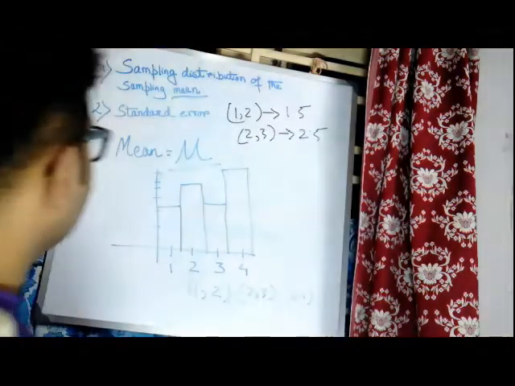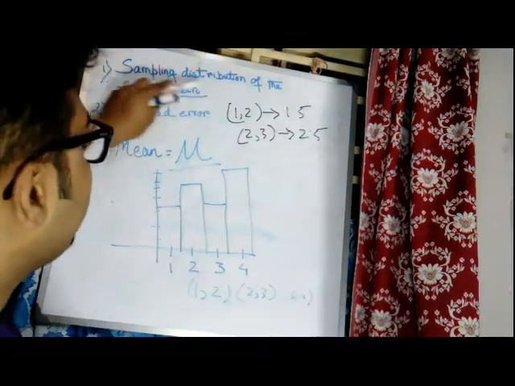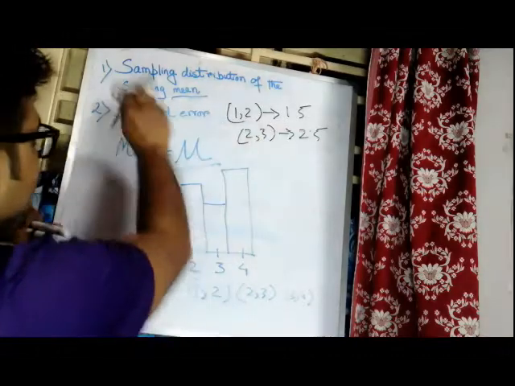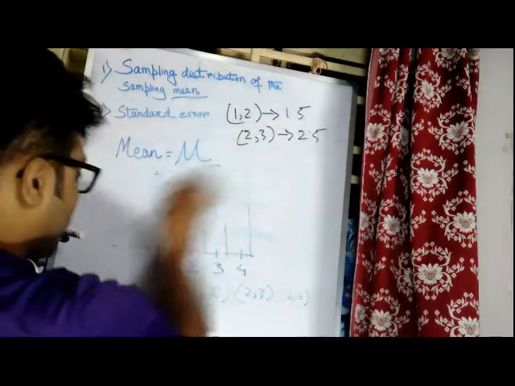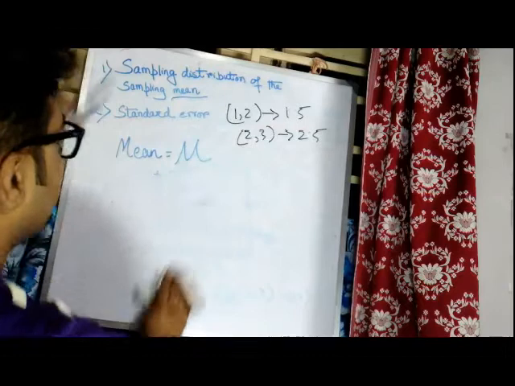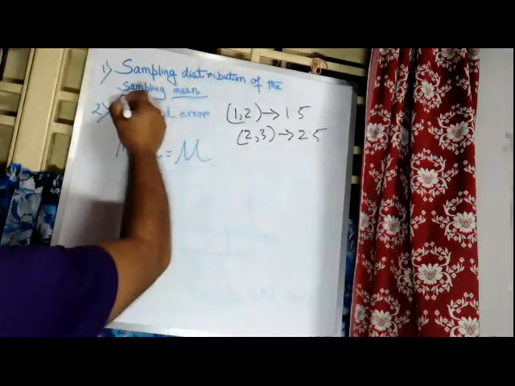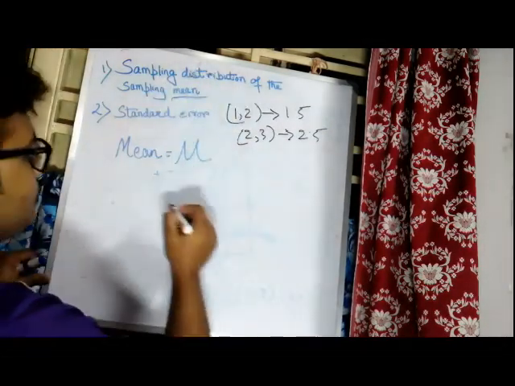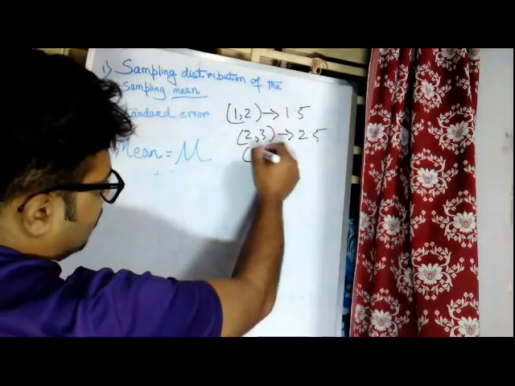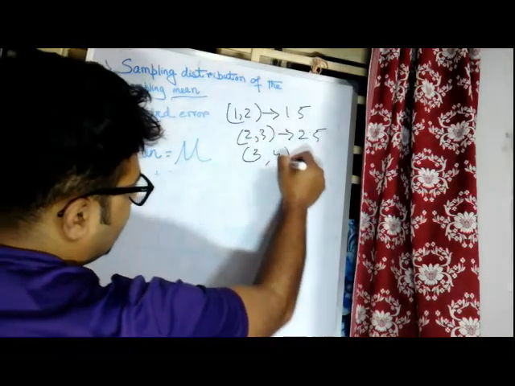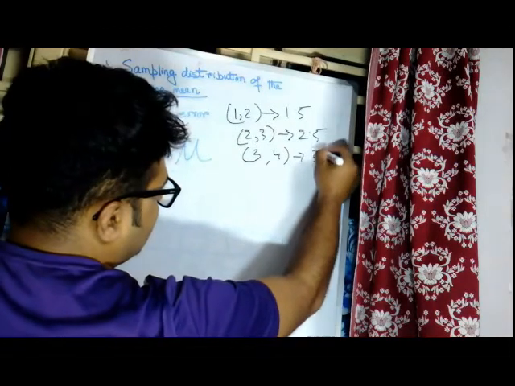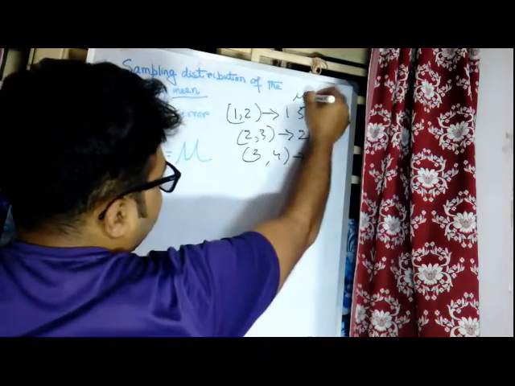Now in the sampling distribution of the sampling mean, if we break the term, we need to know two terms: the sampling mean and the sampling distribution. These are the means.